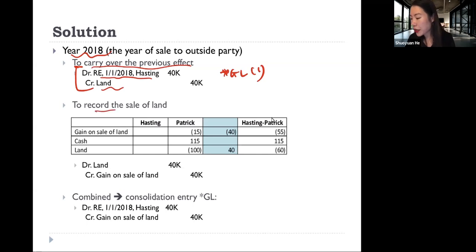And then, because in this year the land is eventually sold, now we can recognize that part of the deferred profit. To recognize it, there are two ways to think about this issue.